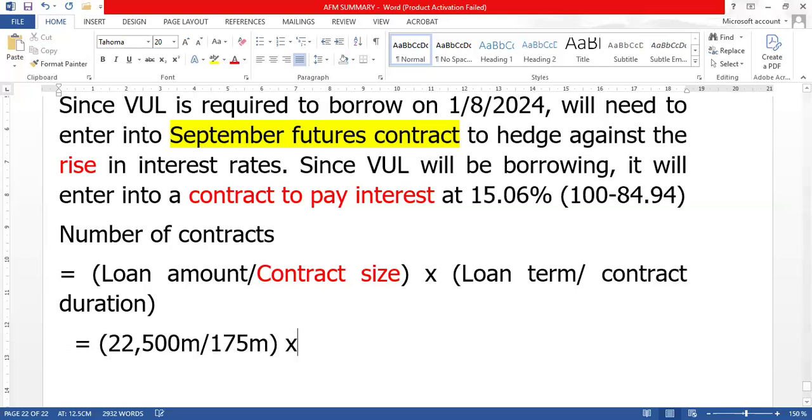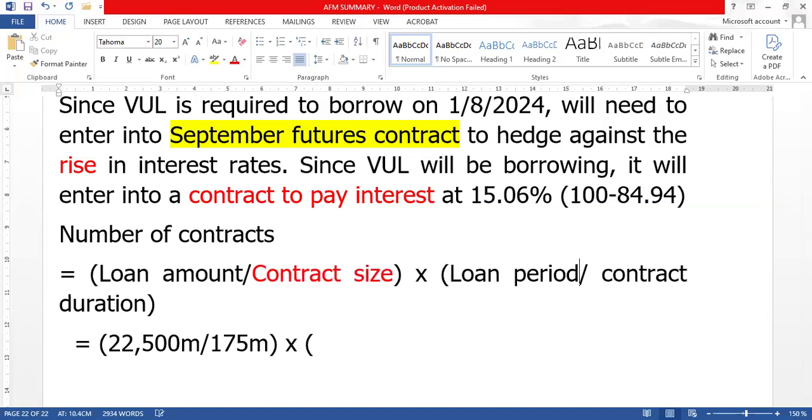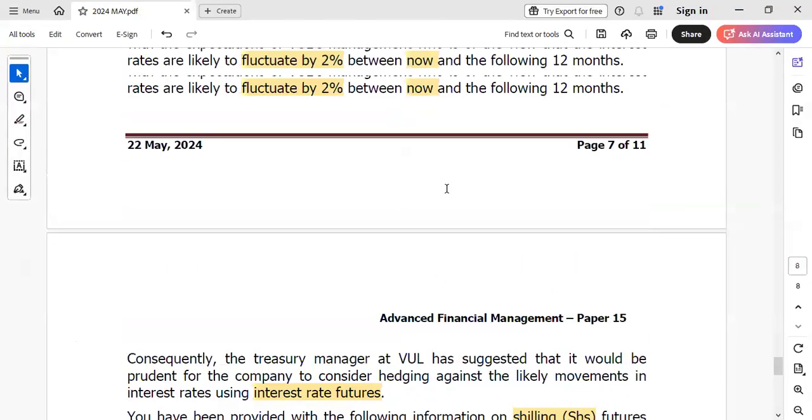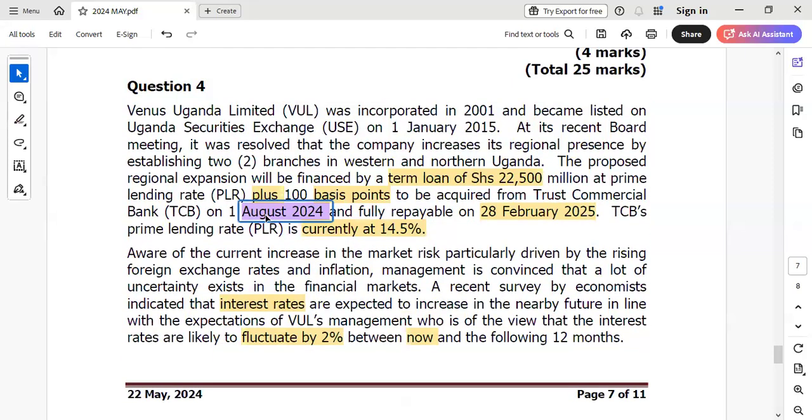Times the loan period. What is the loan period? You count how many months to pay, from the transaction date up to the repayment date. The transaction date was in August and you're paying on 28th Feb.